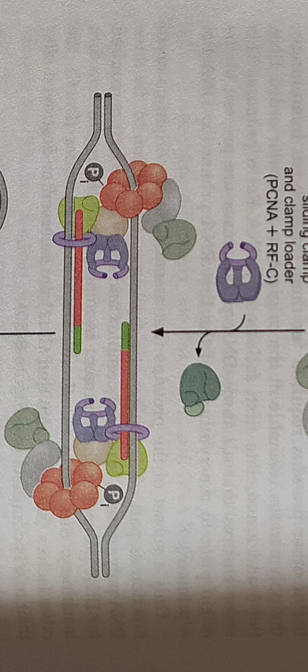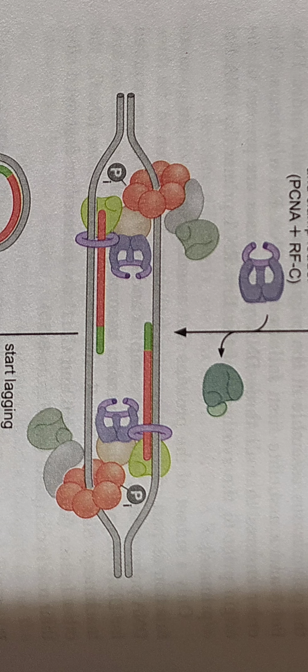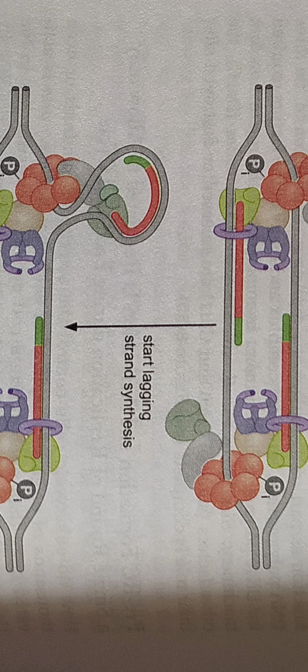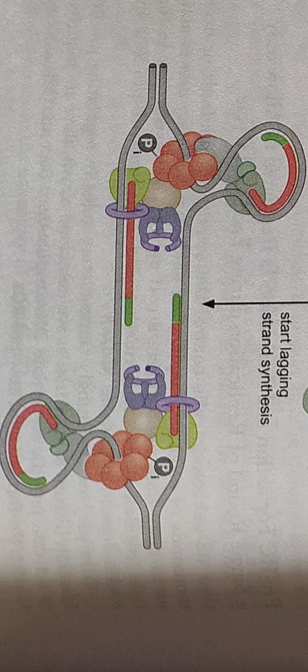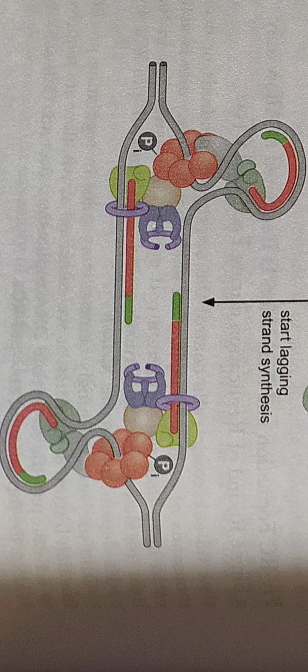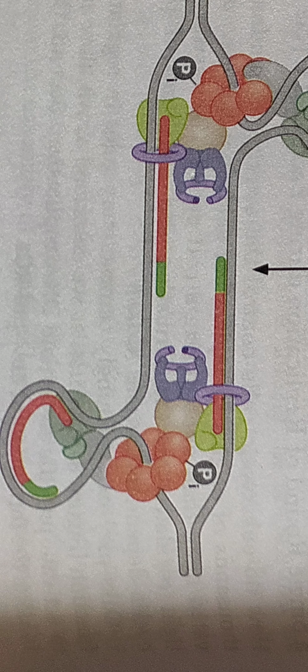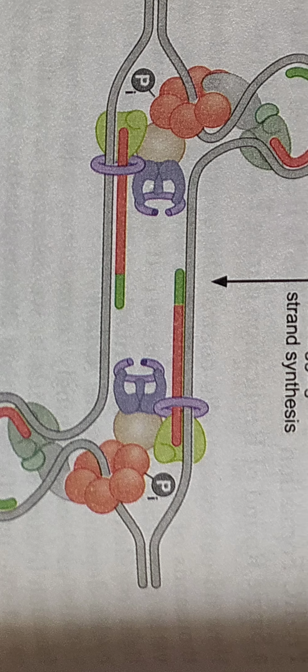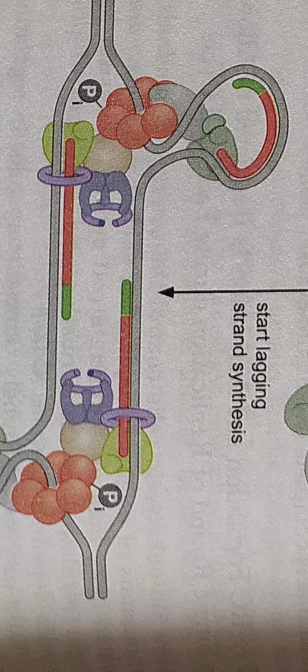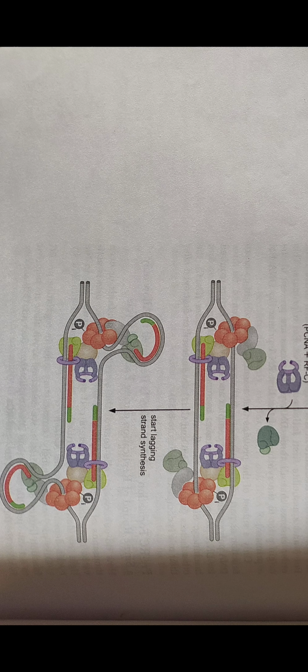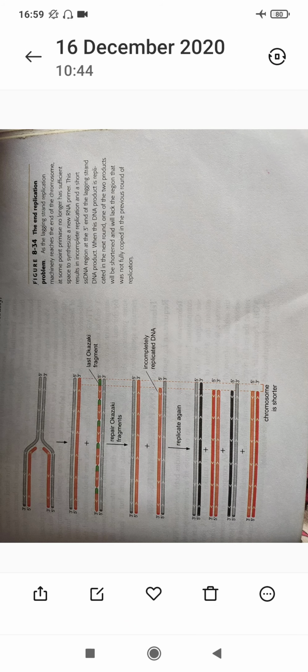That is the reason Okazaki fragments occur in the lagging strand, where discontinuous DNA synthesis occurs. You can see lagging strand synthesis occurring, whereas the leading strand synthesis is occurring quite smoothly. In this way synthesis of eukaryotic replication begins.